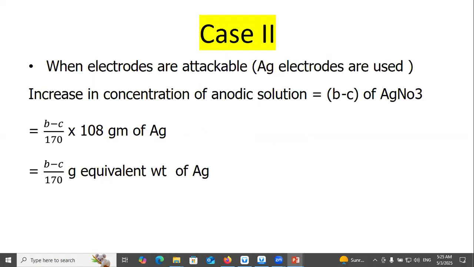Second case, when electrodes are attackable and silver electrodes are used. Increase in concentration of anodic solution is B minus C gram of silver nitrate.